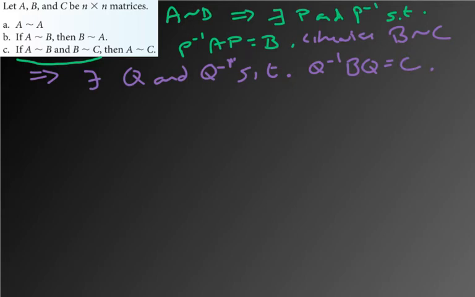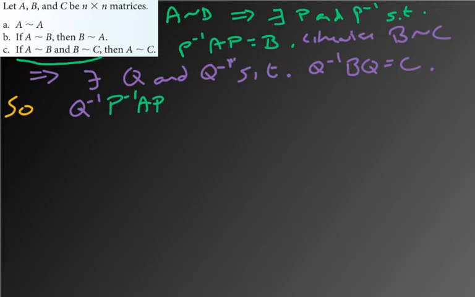And then basically I'm going to do substitution. I have an expression for B up here, and I'm going to substitute it in. So that means that we have Q inverse P inverse A. Actually, maybe I'll try this with colors. We've got Q inverse from the purple line, and then B, in the green part up there, is P inverse AP.